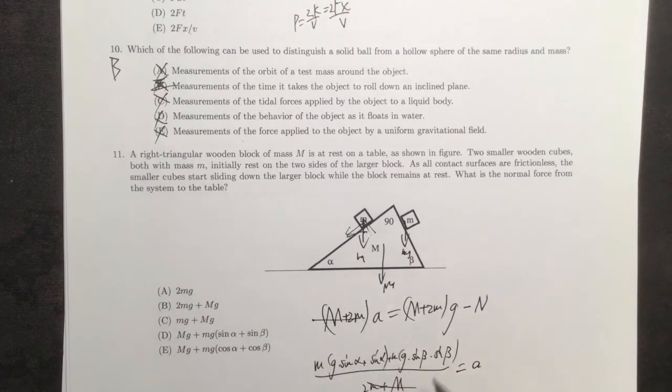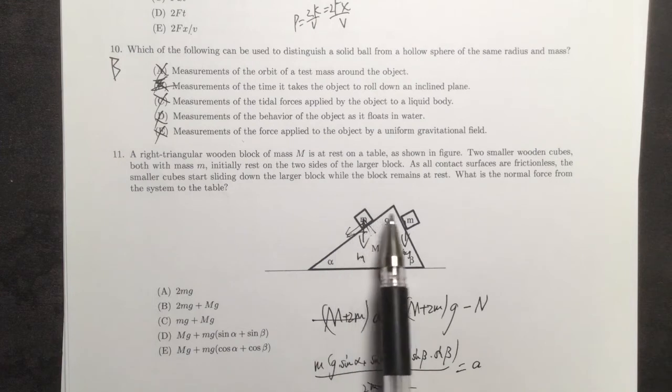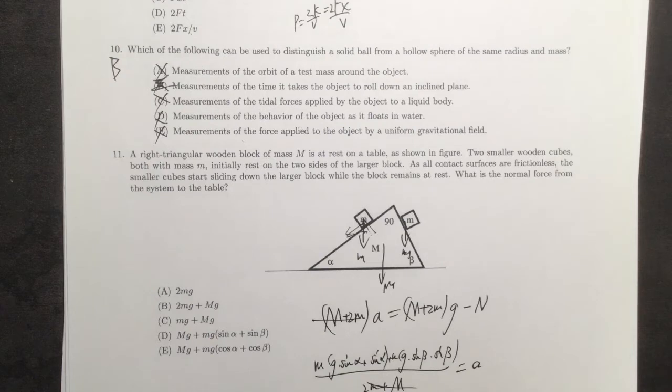We cancel out this term. We have m times g times sine alpha squared plus m times g times sine beta squared is equal to m plus 2m, g minus n. Now because alpha and beta sum to 90 degrees, because it is a right triangle, sine of beta is also equal to cosine of alpha.